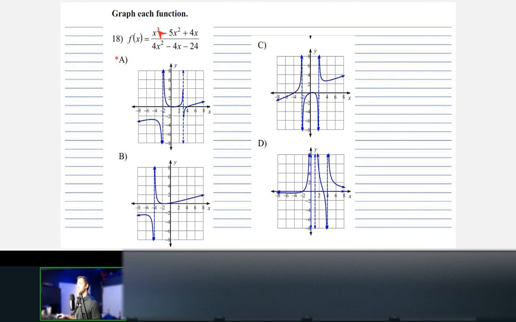Because it's top heavy, remember HA is none. So it's clear to see there's no HA because we have a slant instead. But yeah, just type it into Desmos, really. That's really how you probably do that problem.